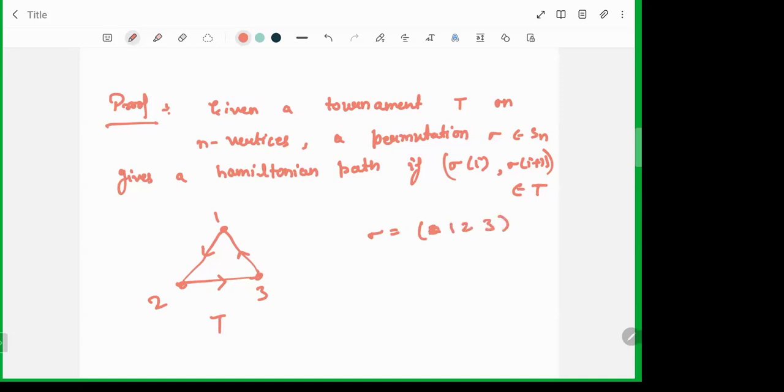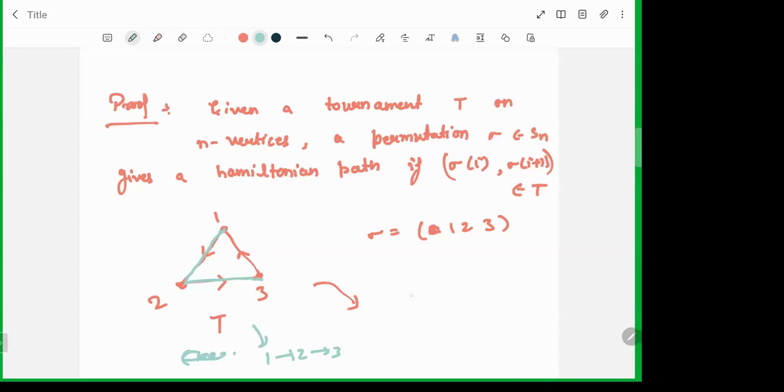Suppose there is a Hamiltonian path, like 1 goes to 2 goes to 3. Now suppose I take the permutation 1 2 3.